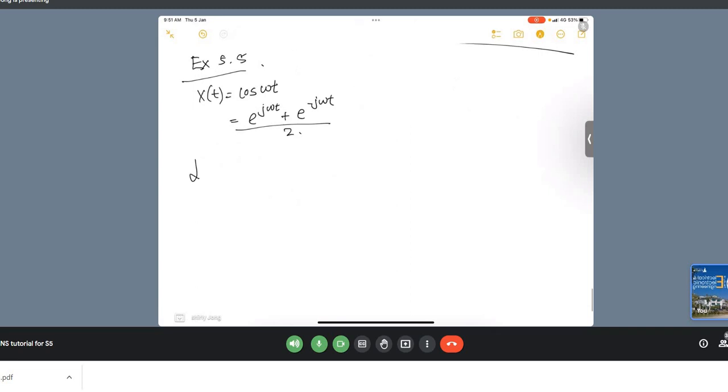So then you can start doing the Laplace transform. Okay, this is as usual.